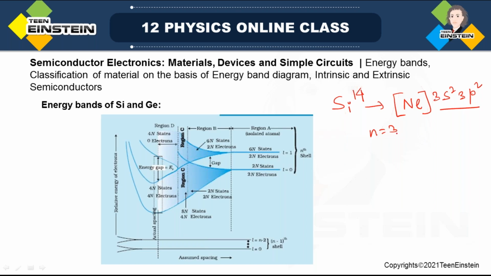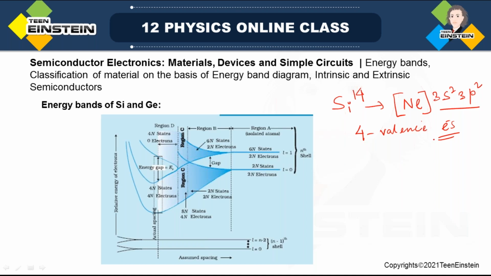So the principal quantum number is 3. So it has 4 valence electrons. How many electrons are there? There are 4 valence electrons. And how many energy levels are there?